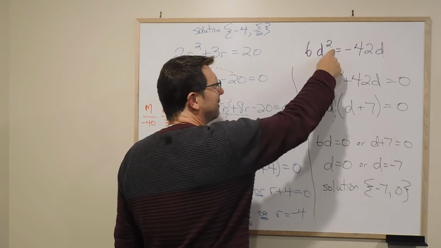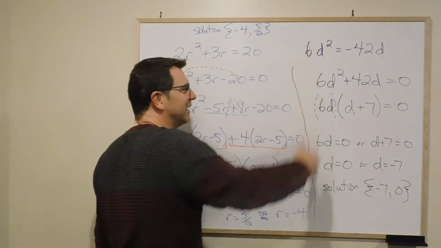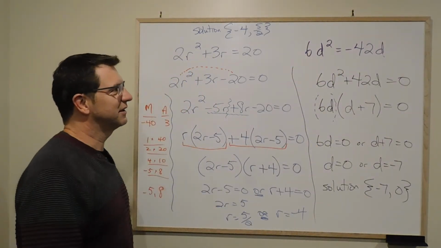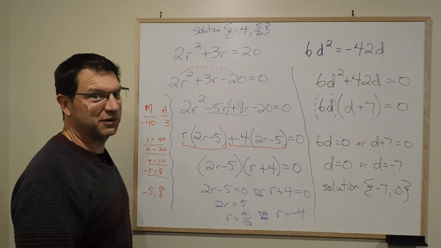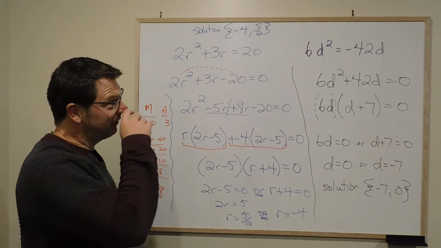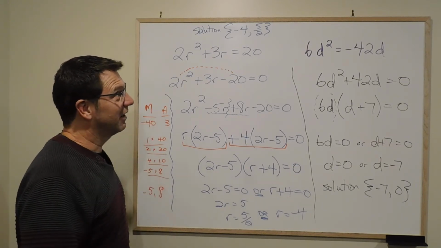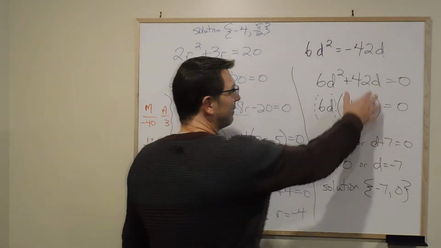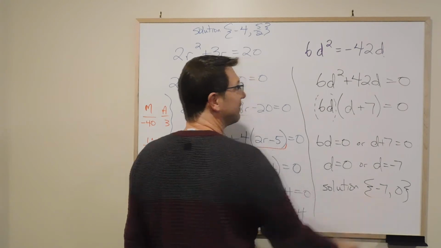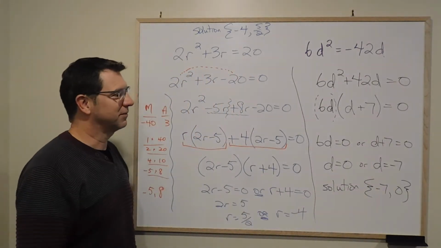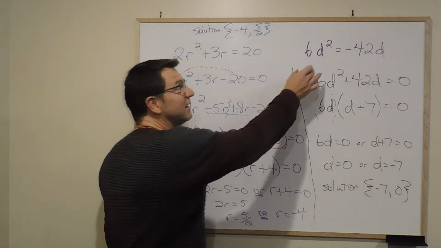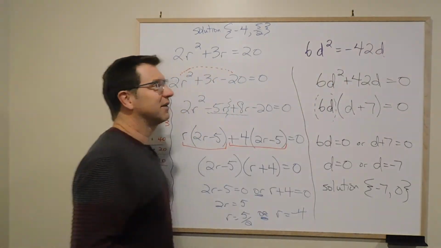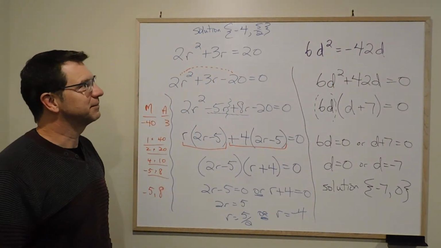Negative 7 squared is 49. 49 times 6 is a big number. 50 times 6 is 300, so 294, right? Negative 42 times negative 7 is also 294, okay? So it works that this side equals that side, and that's how we know there's a solution, okay?